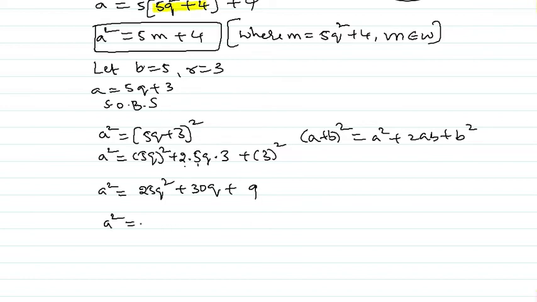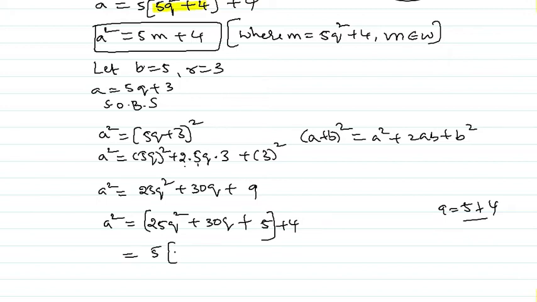So now we can write a square is equal to 25q square plus 30q, and we need to write 9 as 5 plus 4. From these three terms, now we can take 5 as a common. So the remaining term will become 5q square plus 5 times 6 are 30q plus 5 times 1 are 5, plus 4.